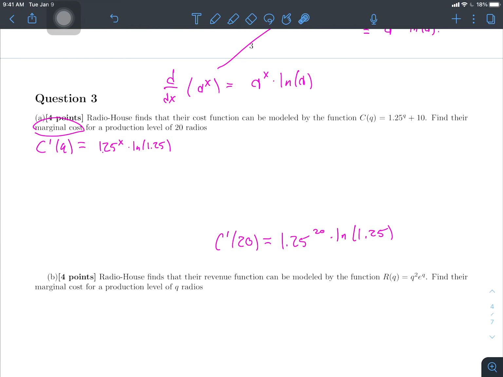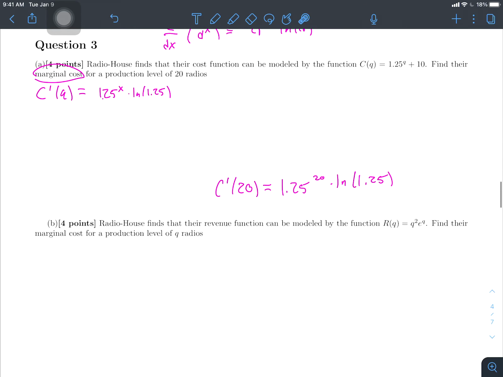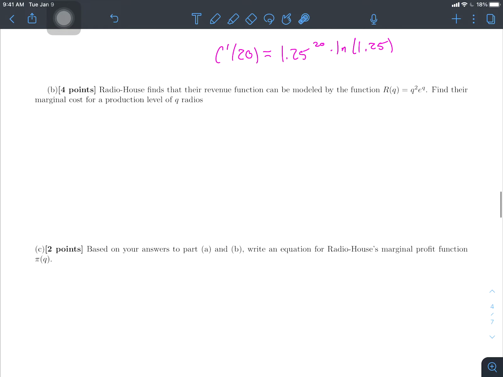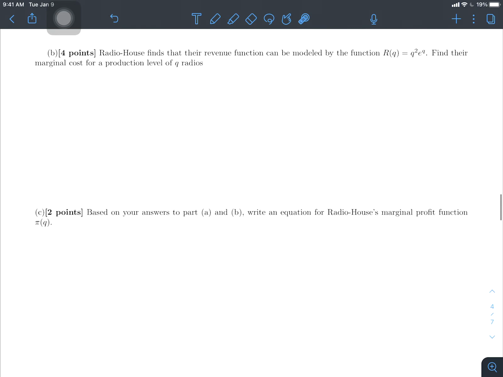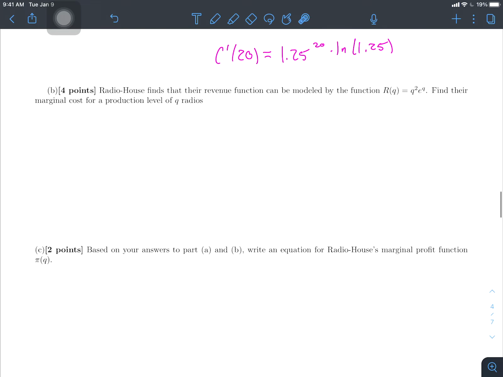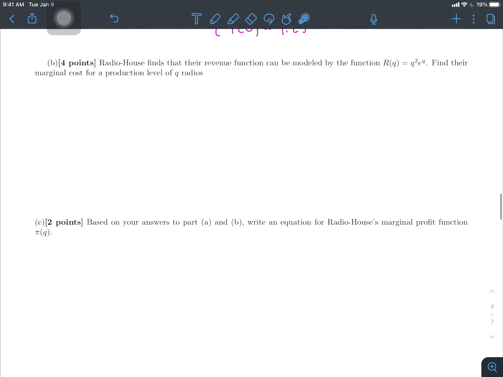If you get to here, I'm not really worried about whether you know how to take something to the 20th power and multiply it by something else. That's a simplification, and I'm confident that you all know how to do that, and you don't need to demonstrate that to me on an exam.